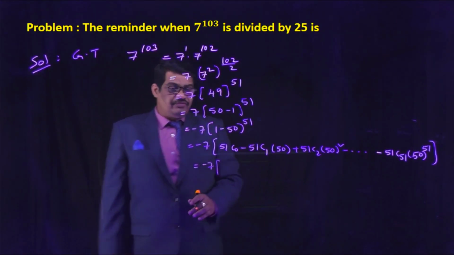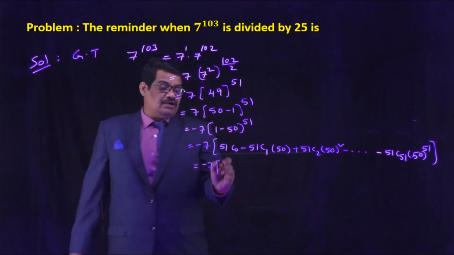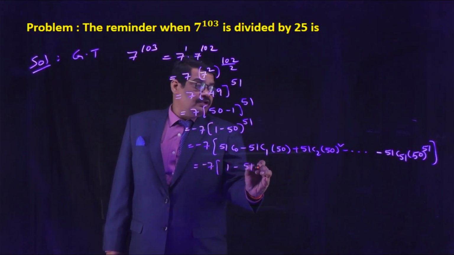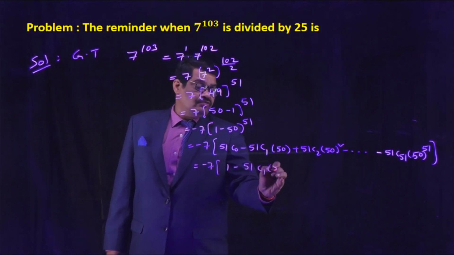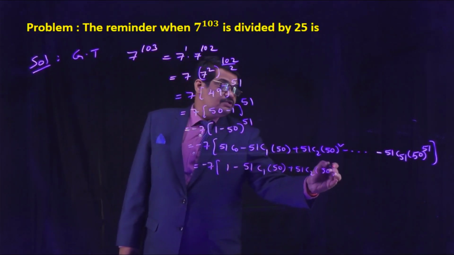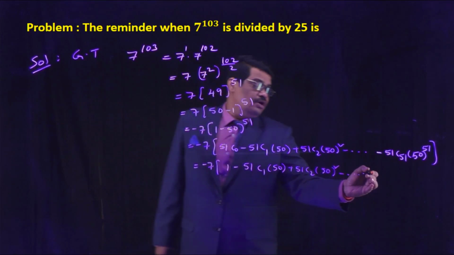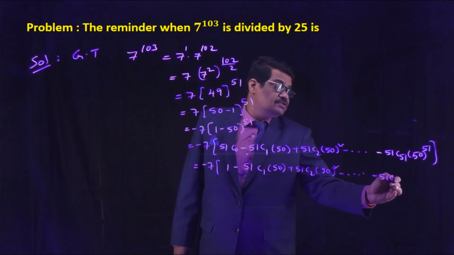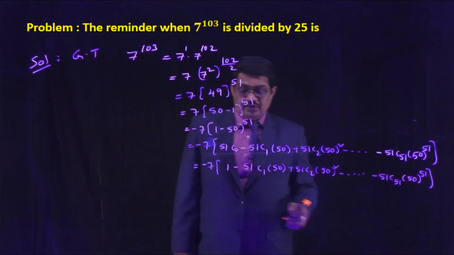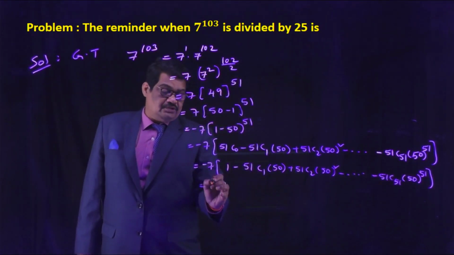What is 51C0? That value is 1. We are writing here 1 minus 51C1 50 plus 51C2 50 square minus and so on minus 51C51 50 to the power of 51. Now we are multiplying with minus 7.